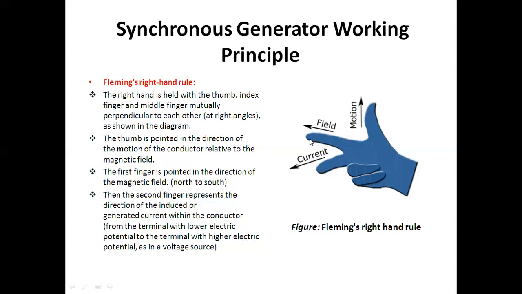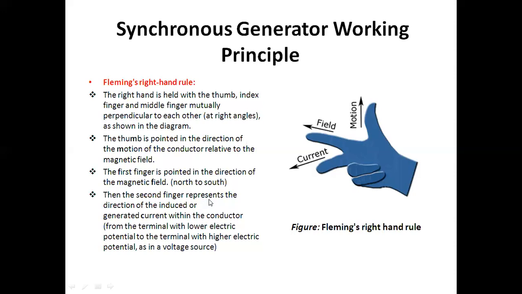The first finger is pointed in the direction of the magnetic field, that is north to south, known as the direction of field. This is the direction of motion, and this is the direction of field.